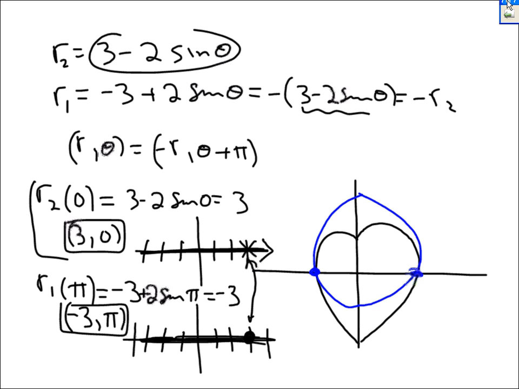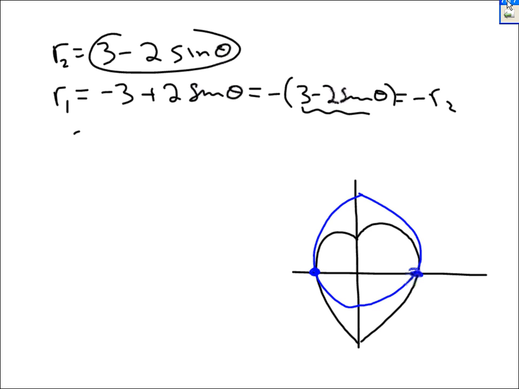Okay. So now that we found out where they intersect, and that it's the sine graph, that means you have left and right symmetry. And in this graph, since one r is the negative of the other, you actually have top to bottom symmetry in this case.